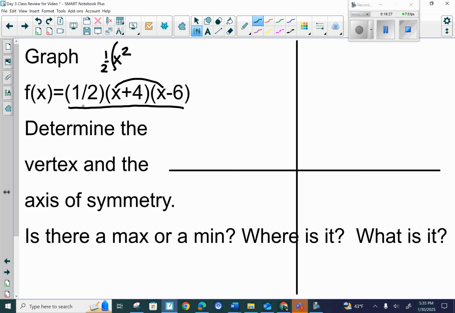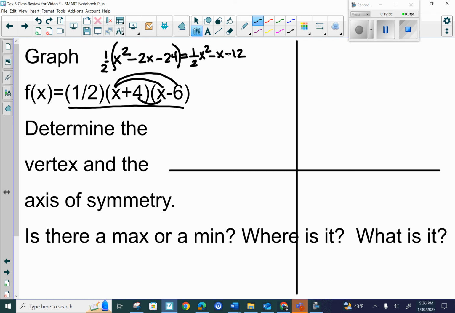I'll just multiply it out just to show, but I don't really need to for what the questions are asking. I have x squared, and then I have -6x, and +4x give me -2x, and then a -24. So this will multiply out to be 1/2 x squared. 1/2 times -2 is -1x. 1/2 times -24 is -12.